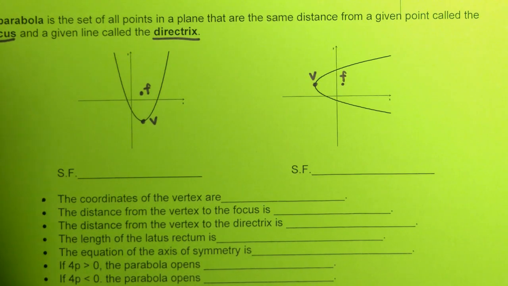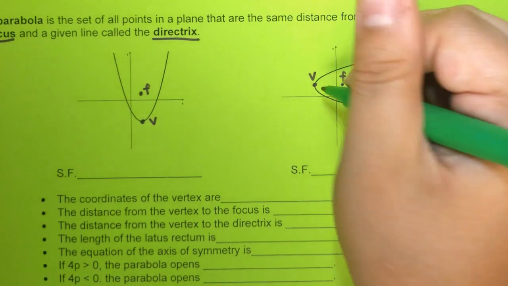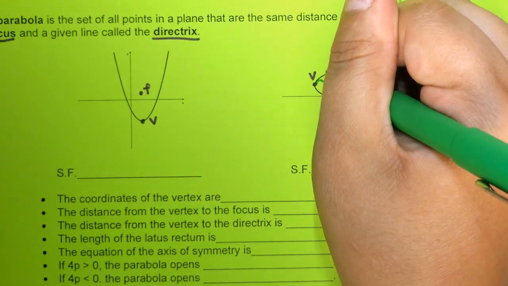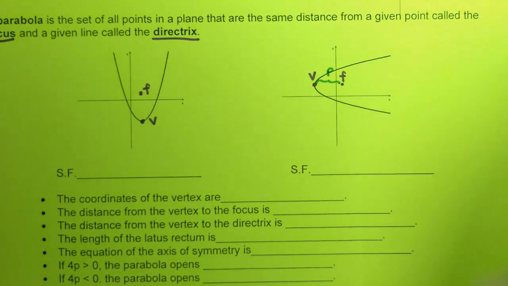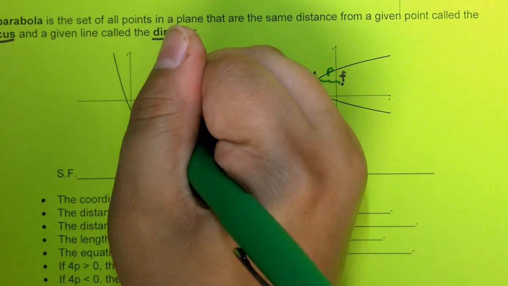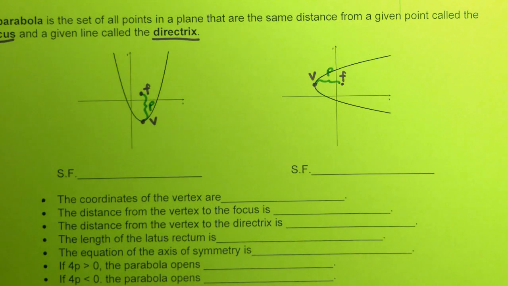Your focus is always a distance of P from your vertex, as well as your directrix.